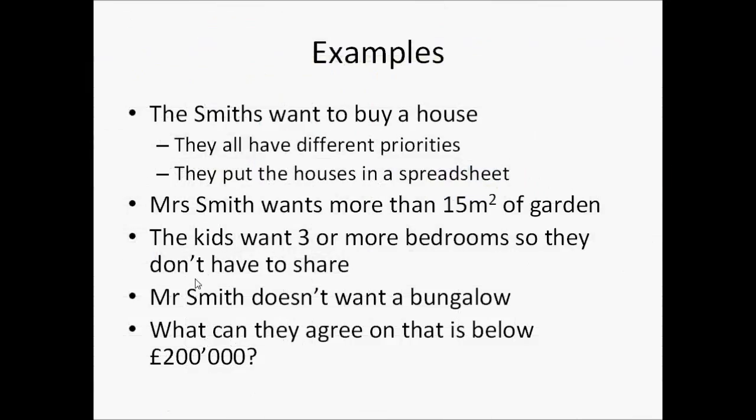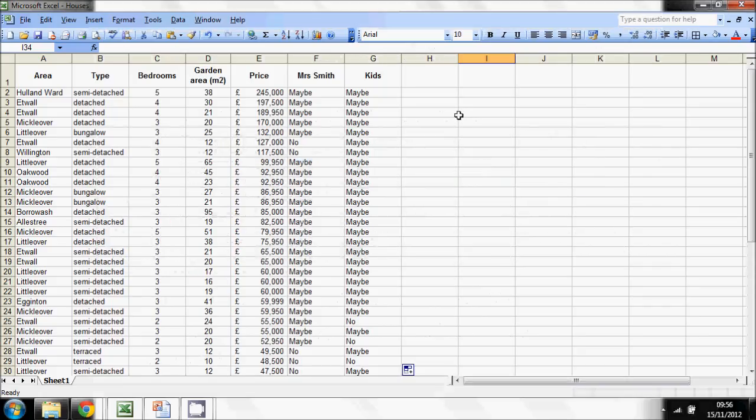Next example, Mr. Smith doesn't want a bungalow. I forgot something there. What did I forget? Forgot the equals to tell it I'm working something out.